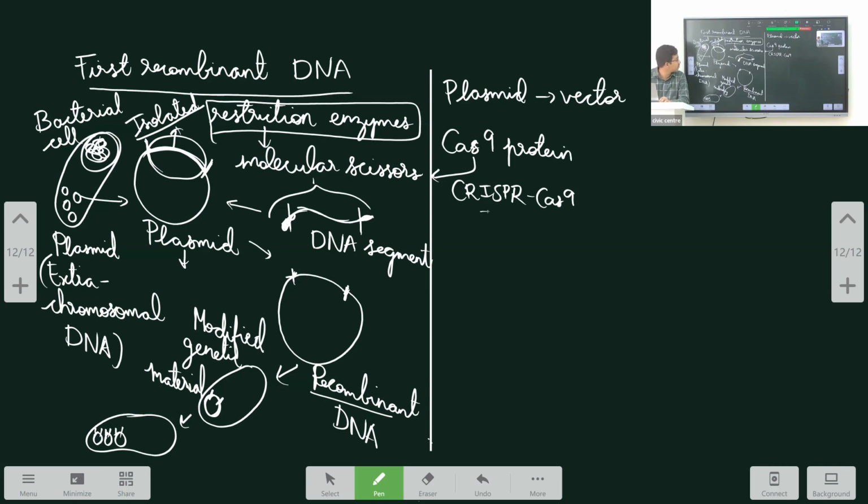So this is how you use the restriction enzymes to isolate and modify and manipulate. So using this basic technique of biotechnology.